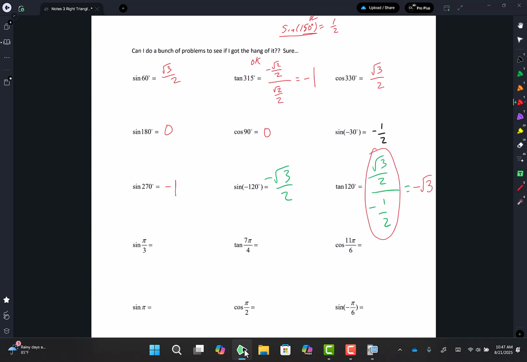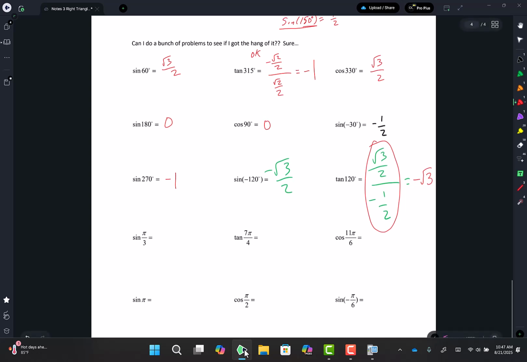Yeah, I have a lot of kids do that. They're like, I'm not going to bother simplifying. I'm just going to put the y coordinate and the x coordinate. Yeah, if you want to do that, that's fine. For now, it's fine. Later on, they're going to have to, but right now we're rookies, so it's fine. Don't get mad, miss. You got mad real quick.